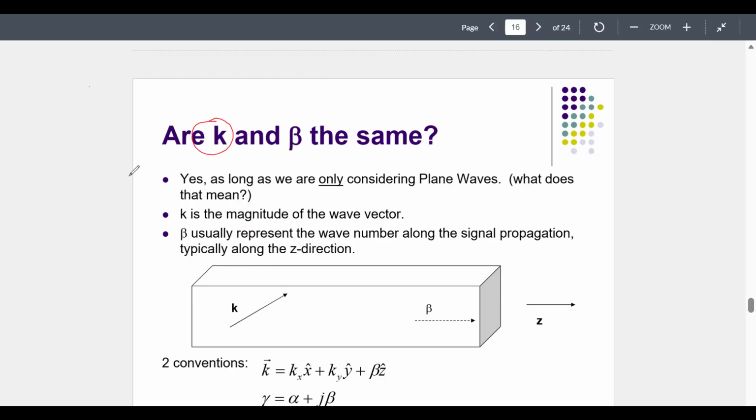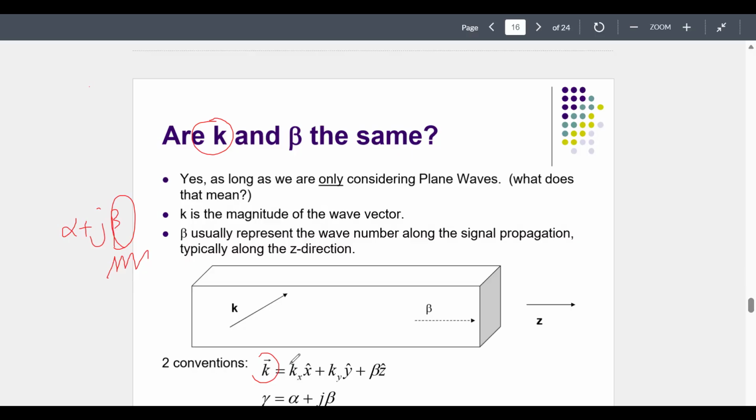That's always true. But when we are dealing with a waveguide or optical fibers or a lossy medium, a lot of times people use beta. Beta only means the oscillation part, which is just the K. If I restrict myself to a one-dimensional problem, then beta is just the K in the signal propagation direction.